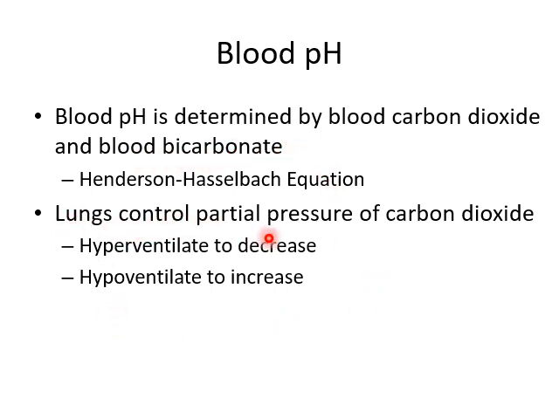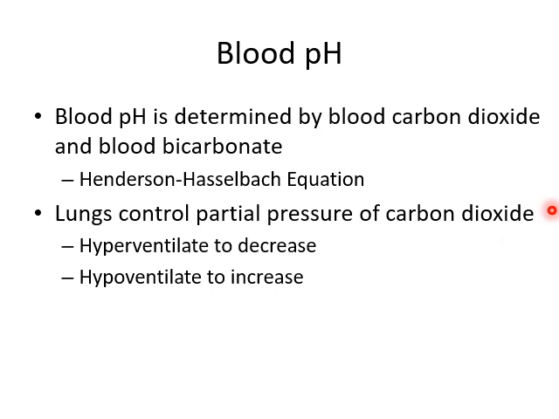The lungs control the partial pressure of carbon dioxide. We can hyperventilate to decrease the partial pressure of carbon dioxide, or hypoventilate to increase the partial pressure of carbon dioxide.